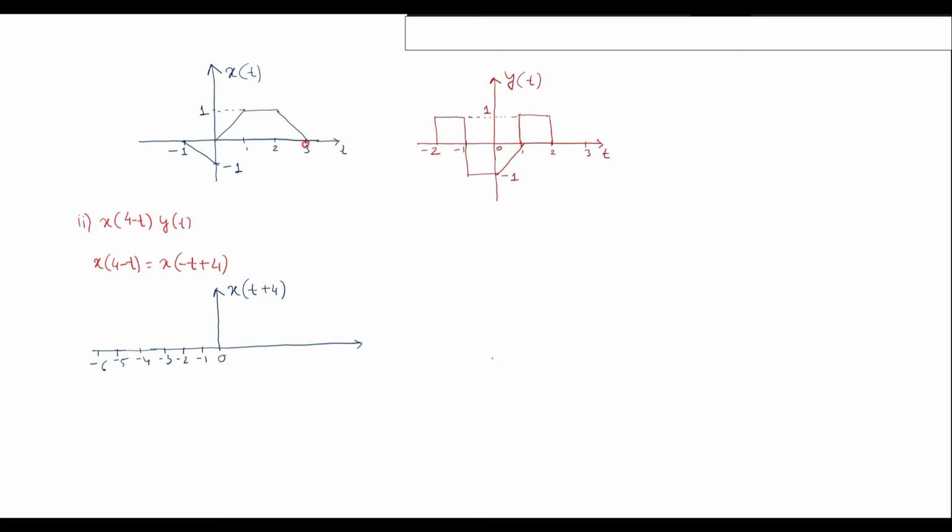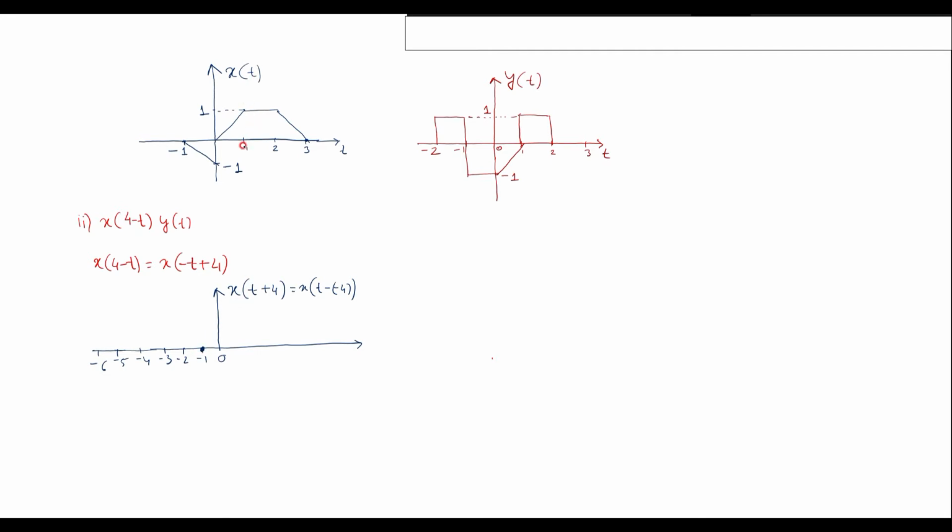So now at t equal to 3, we have 0 here. This point will appear, that is 3 minus 4. That is x of t plus 4 is nothing but x of t minus of minus 4. So that is 3 minus 4 is minus 1. This point will appear at minus 1.